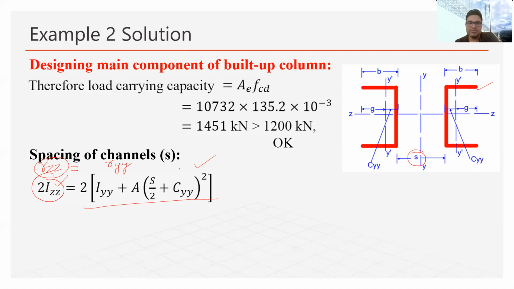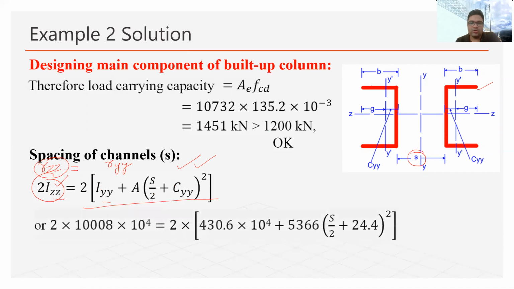So I'm just directly putting the formula, and the IZZ, IYY values for the channel section we have already found from the steel table. So putting all the values, we can find out the value of S as 218.4 mm.